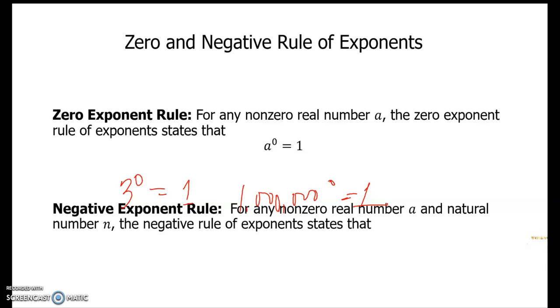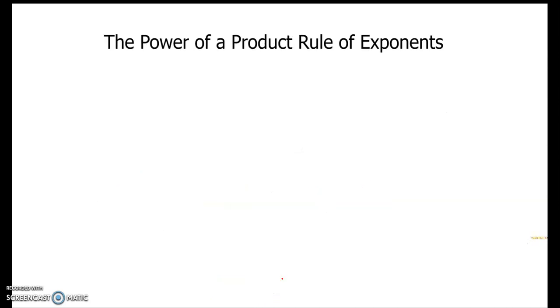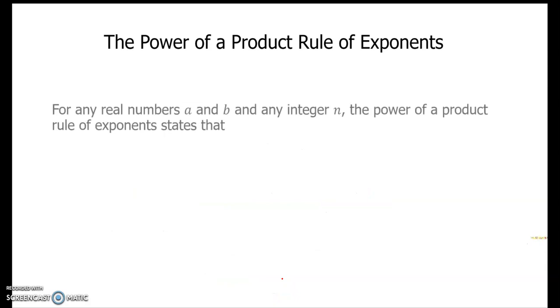So, negative exponent rule. Ayan. So, para siyang inverse. So, 4 raised to negative 2 is equals to 1 over 4 raised to 2. Okay, the power of a product rule of exponents for any real numbers a and b and any integer n.